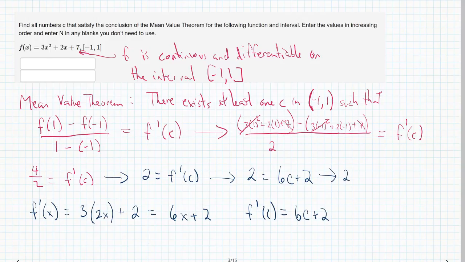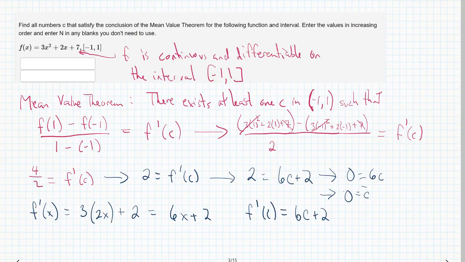It's going to be kind of silly. 2 minus 2 would make 0 equals 6c. So if that's the case, we divide both sides by 6 and c equals 0. So hopefully that makes sense on that one.